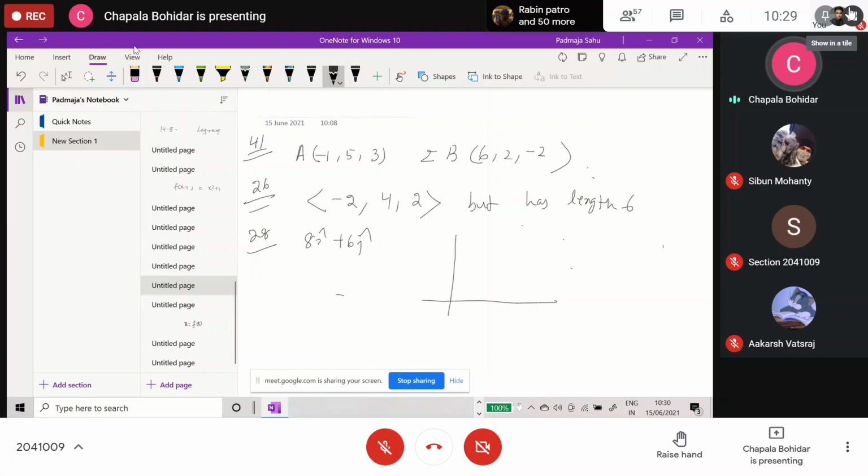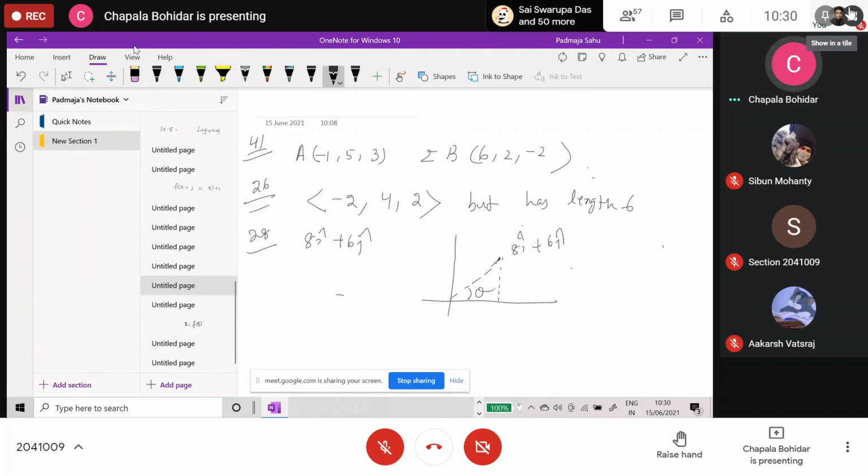That's what I'm saying. The vector is 8i plus 6j. Here tan theta, this point, here theta. Same thing, no? The question is tan theta is equal to sin theta by cos theta.